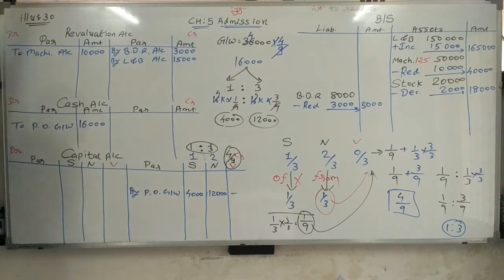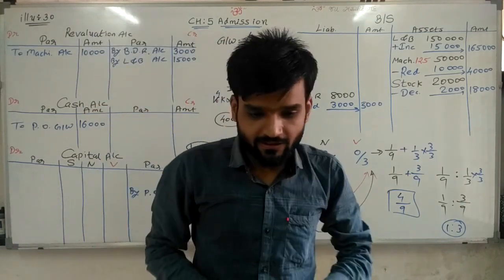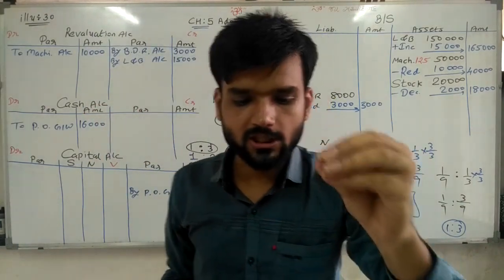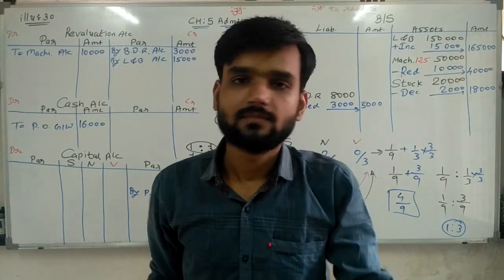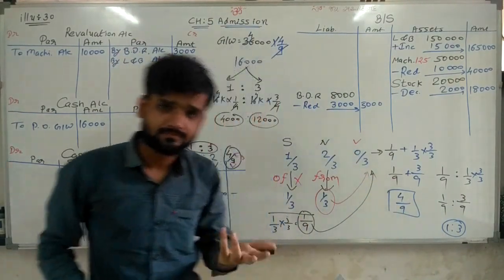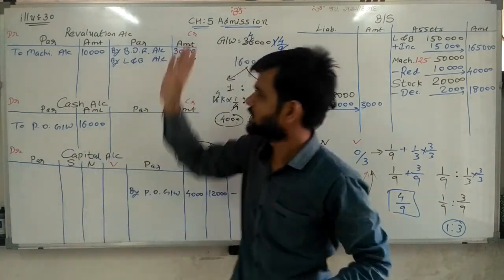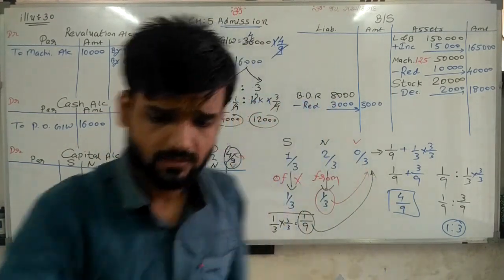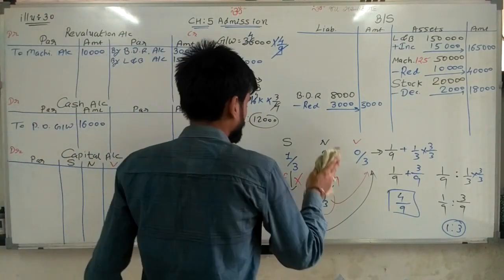Simple. Now only one thing is remaining. Vijay will bring 50% of net asset of the new firm. What does it mean? That we will do later, at last, when we are closing our accounts. But first, what is remaining in the balance sheet, that we need to do.